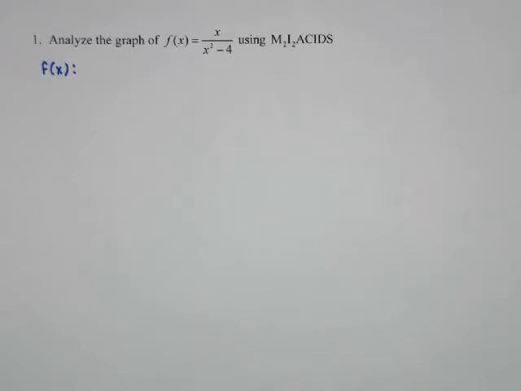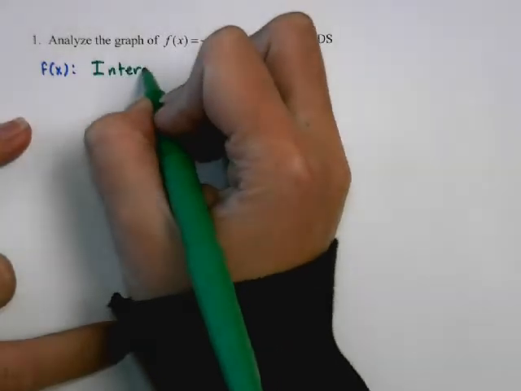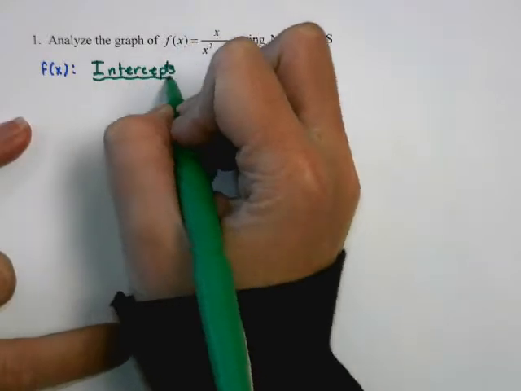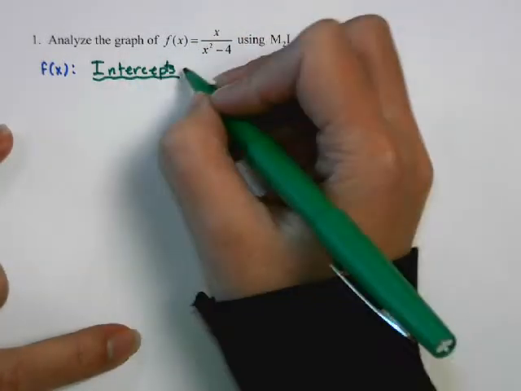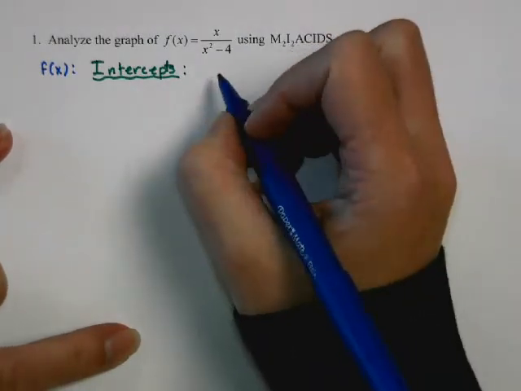Okay, so the first thing that we can get here is the intercepts. Okay, we're going to do that by plugging in 0 for x and 0 for y.